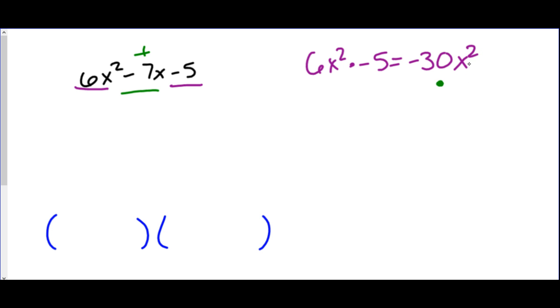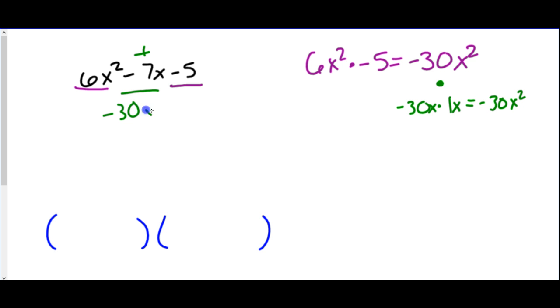So we have to go through all the possible combinations. Things that multiply to be negative 30. How about negative 30 times 1? And since there's an x squared, we should actually say negative 30x times 1x. That would definitely give me negative 30x squared. So now we go check our addition.